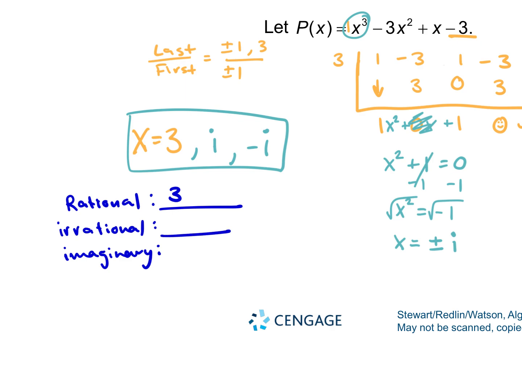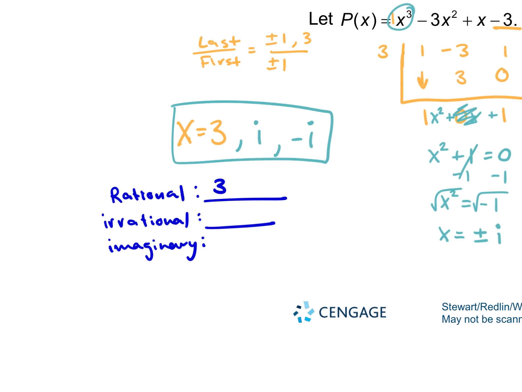Irrational are any square roots. We don't have any square roots here, so there are no irrational numbers. And then imaginary are any answers with I, so that would be plus or minus I. What's irrational? Square roots. Here we don't have any answers with square roots, so there are none. But this would be how the homework writes it.